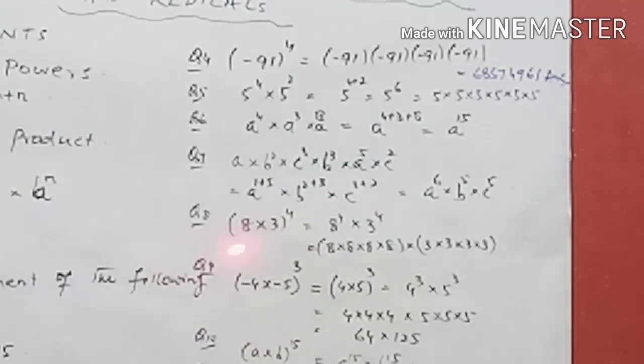Question number 9, a similar question, but both the terms in the bracket are negative, -4 multiplied by -5 raised to power 3.